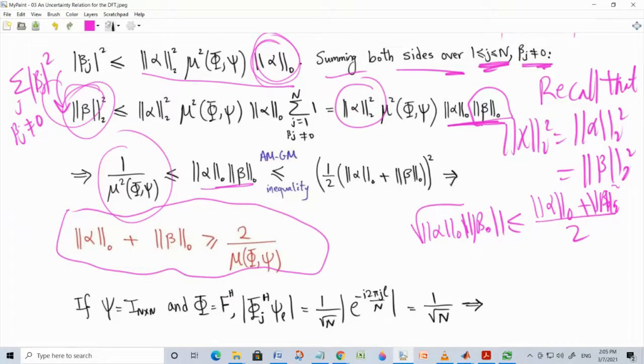Now, the sum of the number of non-zero elements in alpha and beta, the representations using phi and psi, is lower bounded. It cannot be smaller than some number, and this number is related to the so-called mutual coherence between the two matrices.